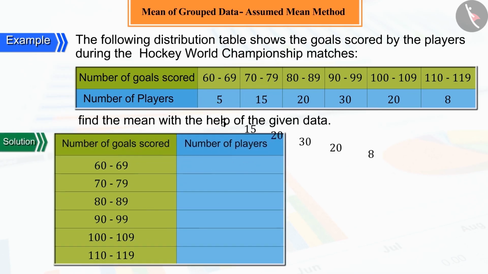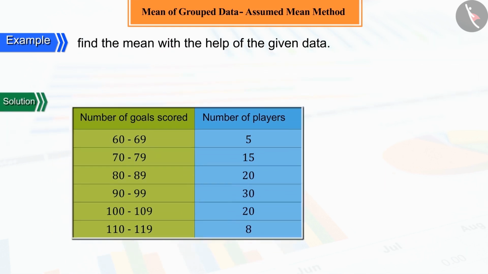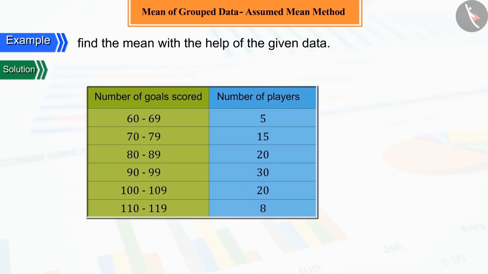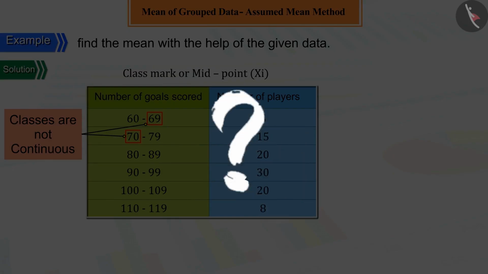The given distribution table is a system of grouped data, where the size of the class interval is 9. We know that for the mean, we need the class marks or midpoints of these class intervals. But here, the class is not continuous. So can you tell what we have to do to make the class continuous?